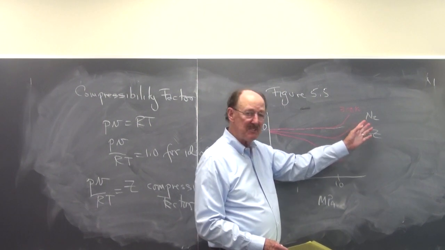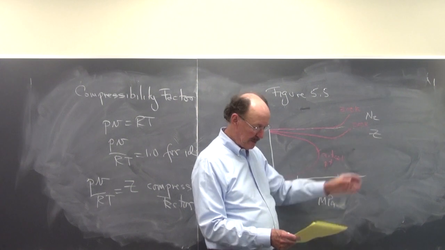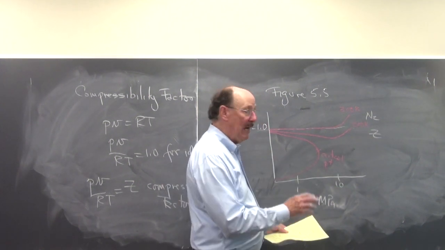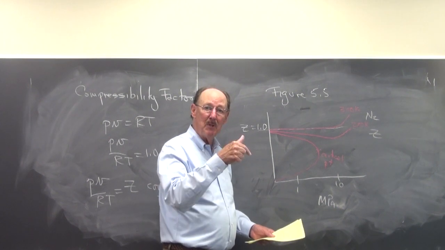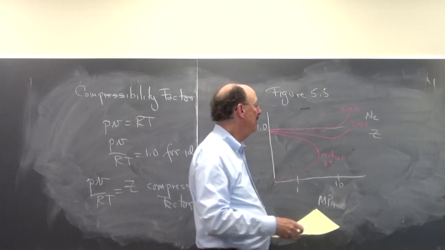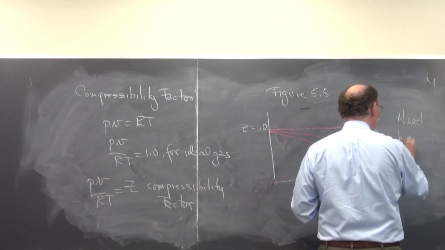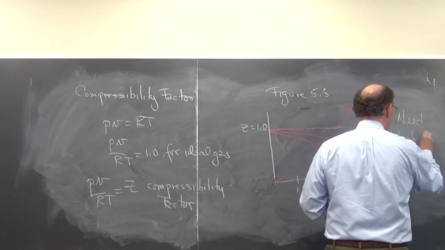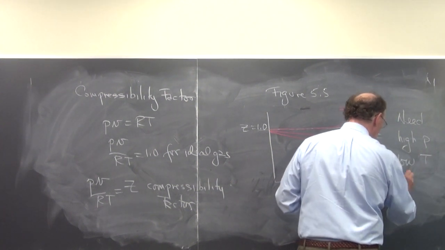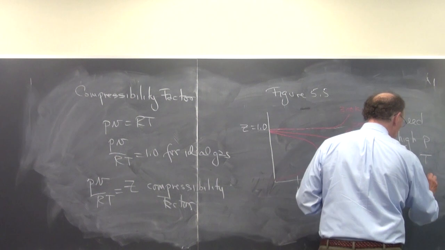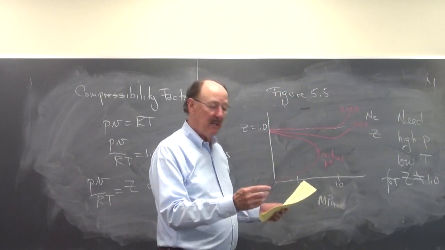And nitrogen and oxygen are diatomic molecules, and they behave similarly in terms of their compressibility. So it takes a very high pressure and or a low temperature for Z not to be 1. So we need high P, low T, for Z not to be equal to 1.0, for nitrogen and for air.